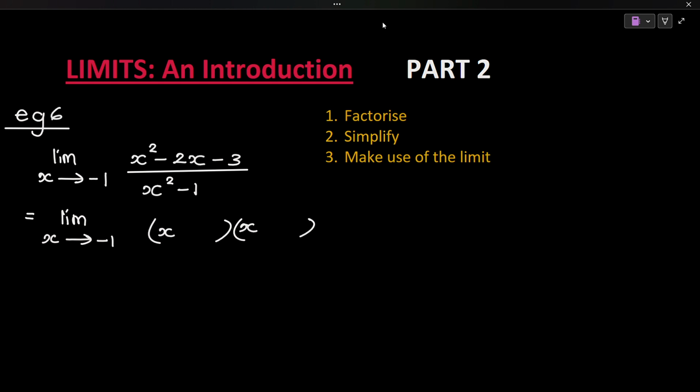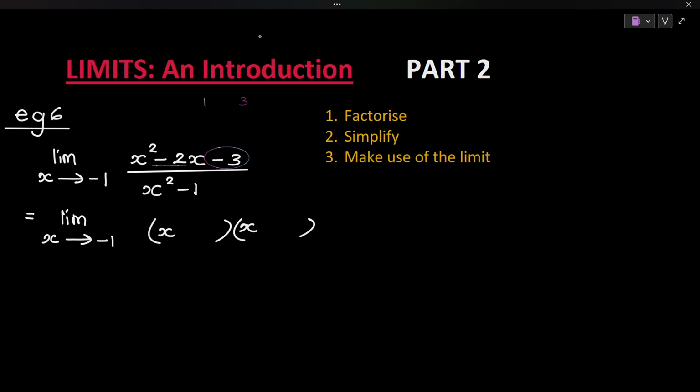Just to remind you, and this is something that you learned in high school, when it comes to factorizing a trinomial, we look at factors of the third term, and we need factors that when we multiply, they give us the third term, but when we add, they give us the middle term. Since 3 is a prime number, factors will just be 1 and 3.